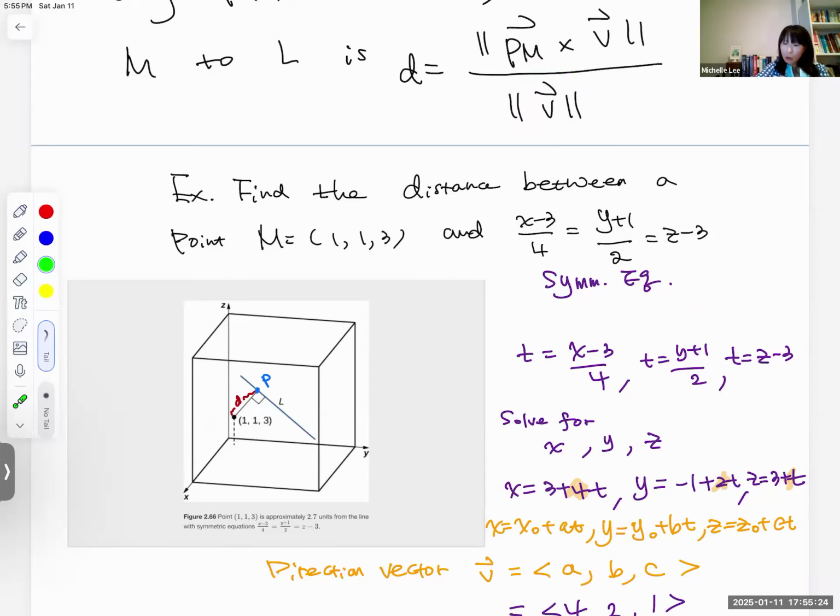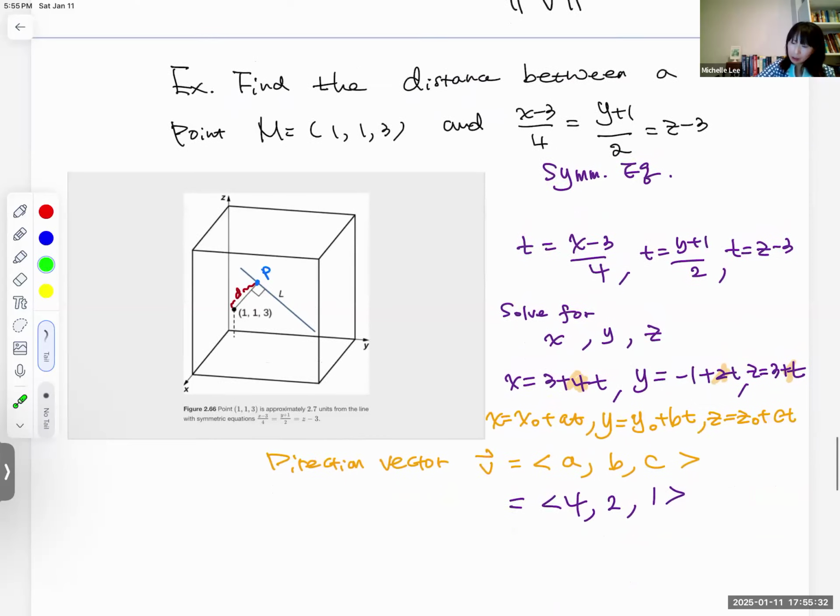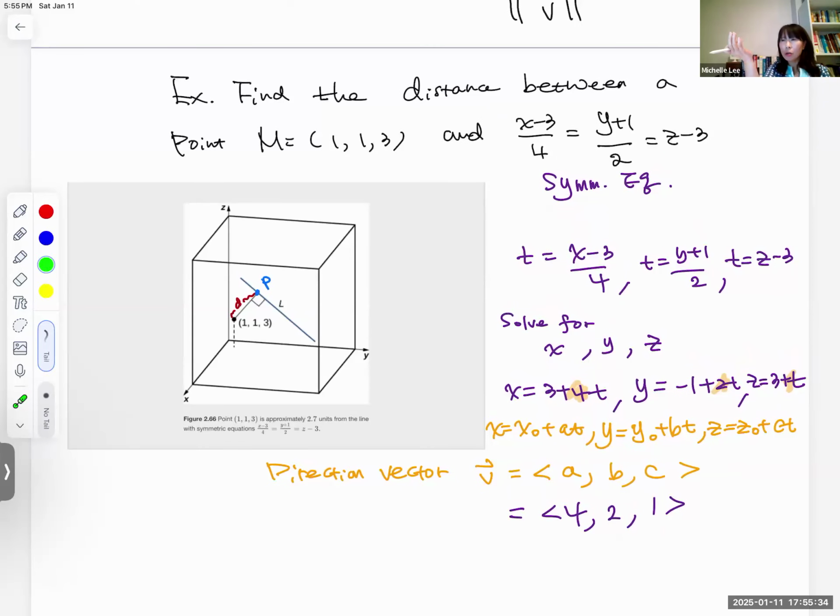Now, we want to find the vector PM. All right, then we have to have one more triple, because we have a point, right?